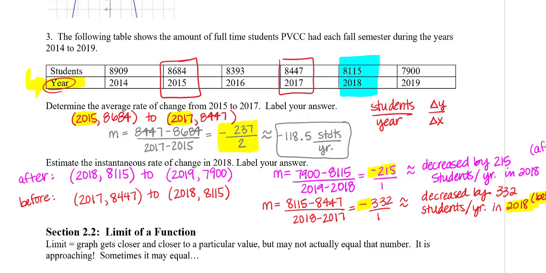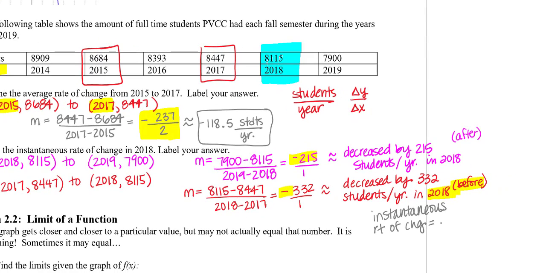So what did I do exactly in that moment of 2018? Well, the year before it, you had negative 332. The year after, you had negative 215. So you were somewhere in between there in 2018. So one idea might be to just average these two numbers. So our instantaneous rate of change might be add these up and divide by 2.